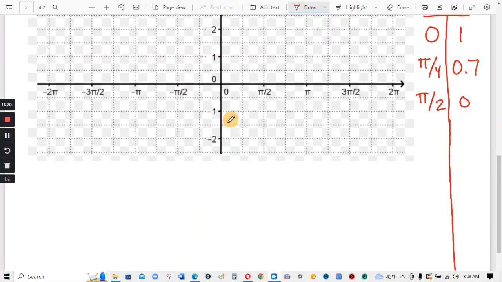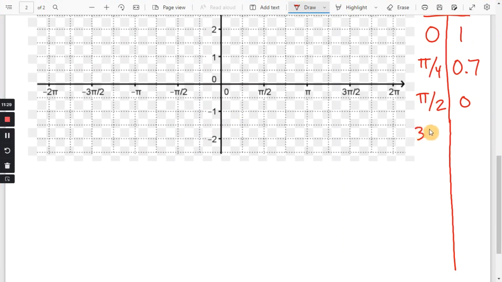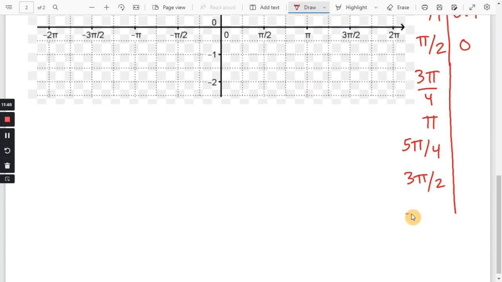All right, just like before, we'll keep going, incrementing by 1/4 each time. So this is 2/4 pi. All right, we're going to do 3 pi over 4. And then 4 pi over 4 is just pi. All right, we have 5 pi over 4. 6 pi over 4 is going to be 3/2 pi. All right, 7 pi over 4. And then 8 pi over 4 is just 2 pi.